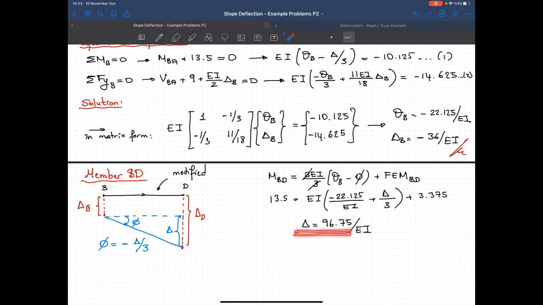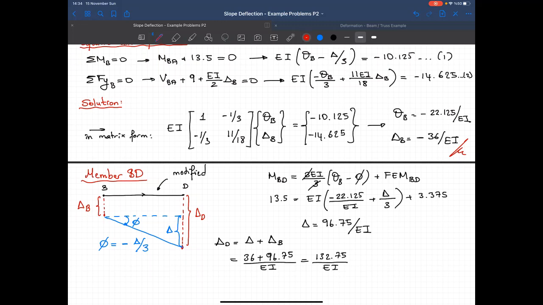So this is not the deflection at D. This is not the total deflection. It is just the relative deflection between points B and D. So in order to calculate delta D, I have to add: delta D is equal to delta plus delta B, which is equal to 36 plus 96.75 over EI, and that's equal to 132.75 over EI.